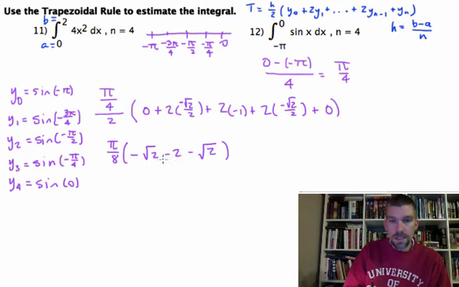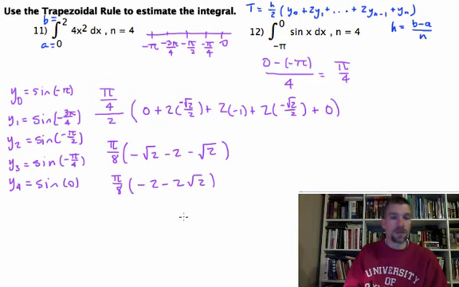And so when I put this together, I end up with pi over 8 times negative 2 minus 2 square roots of 2.